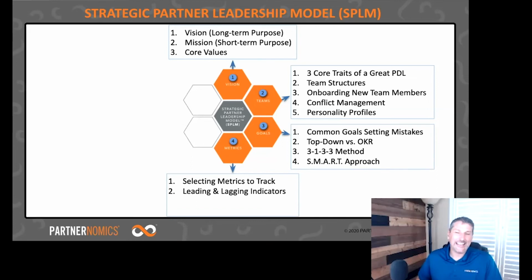Leading and lagging indicators. So we probably all heard about KPIs, right? These key performance indicators. Well, we can take that down a layer deeper. With KPIs, there's 2 different forms of indicators. There's leading and lagging. So what are they and how are they used? The metrics element spends a lot of time going into the leading and lagging indicators.